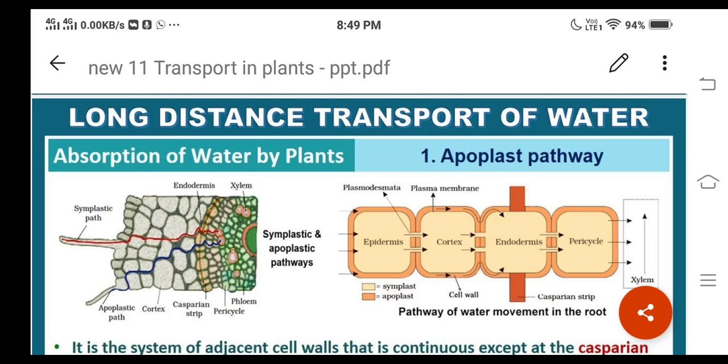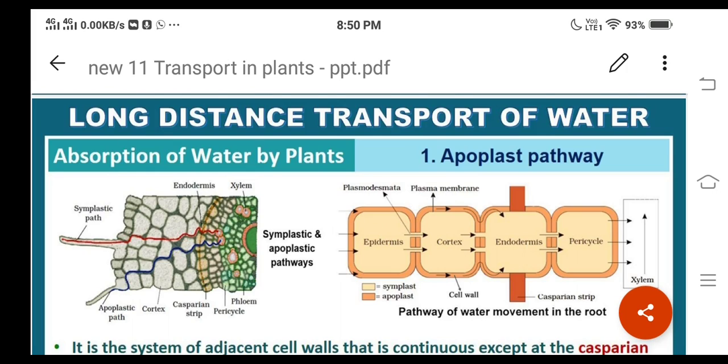That means how the water will move from the root hairs into the vascular cylinder, like the xylem. How it will cross the epidermis, then the cortex part, then the endodermis, and finally the xylem. The apoplast pathway is shown by brown color, and in the next diagram the symplast pathway is shown by light yellow color.